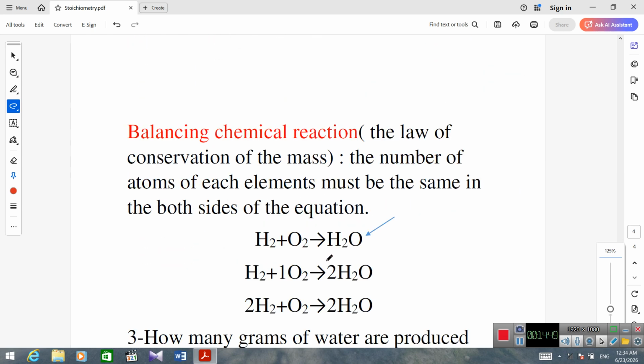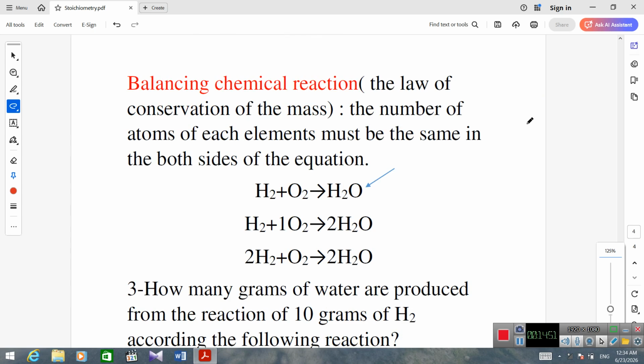For balancing chemical reactions, there is one example. Of course, this is a simple equation for balancing.